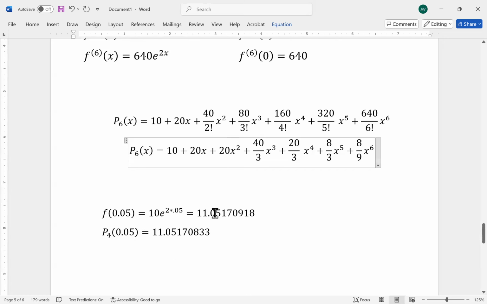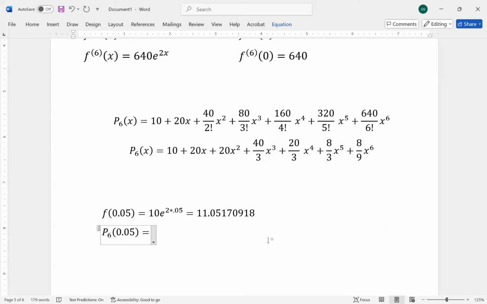If I want to do my approximations, I've already plugged in 0.05, but you can also plug 0.05 into the polynomial. I've already plugged it into the function. Now let's plug it into the polynomial. A lot of my work has been done for me.